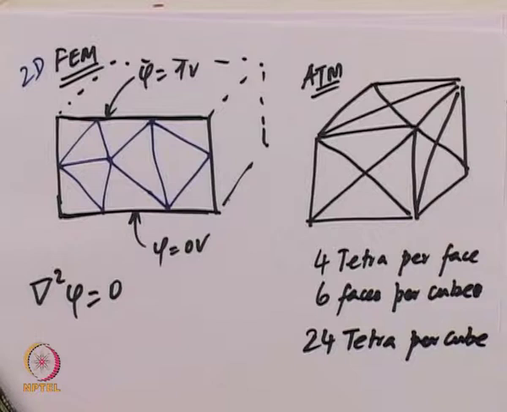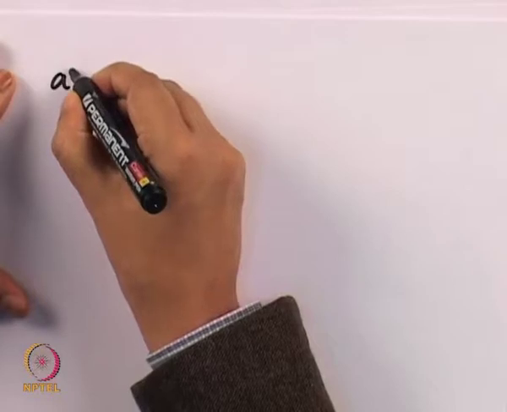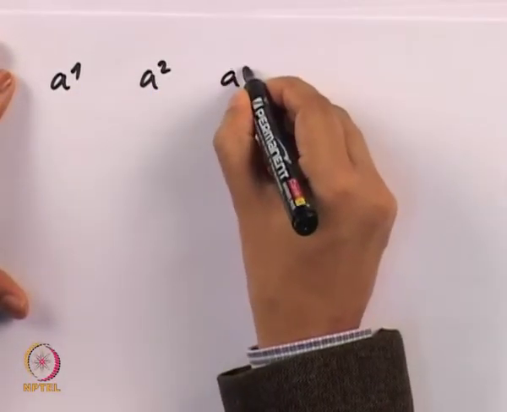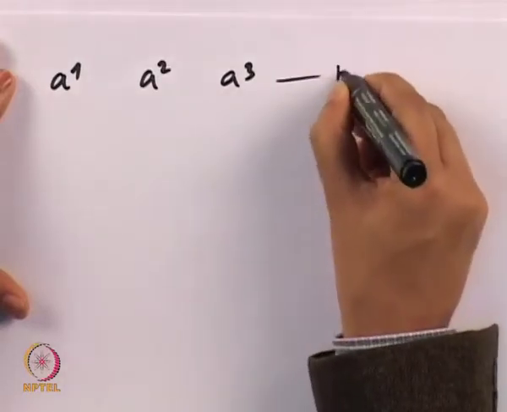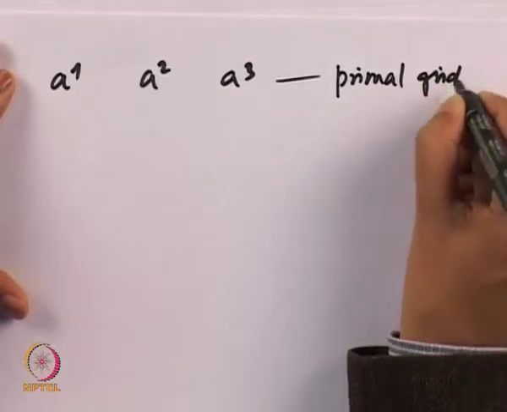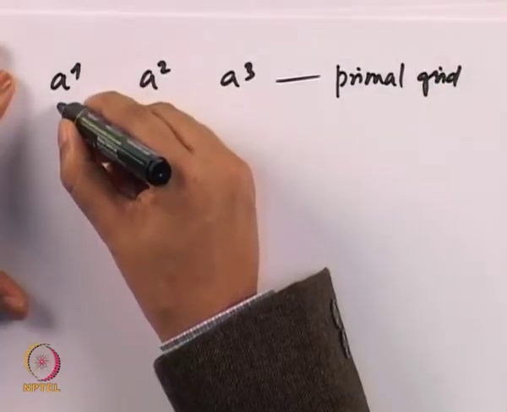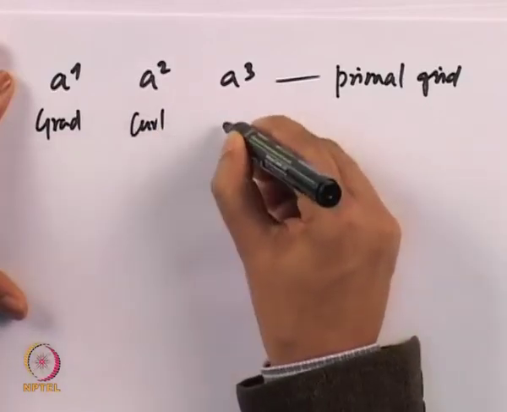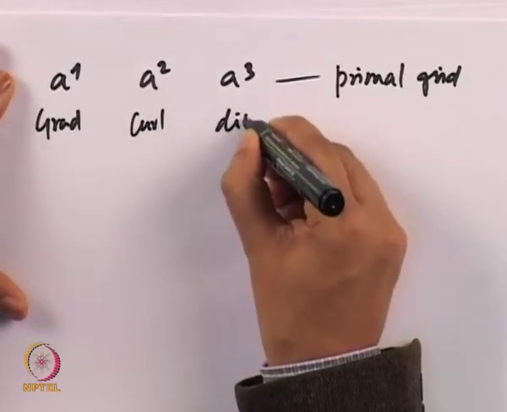So remember, in the algebraic topological method we set certain parameters, and those parameters are going to be A1, A2 and A3. These are all in the primal grid. A1 will be the gradient, A2 will be the curl, and A3 will be the divergence.